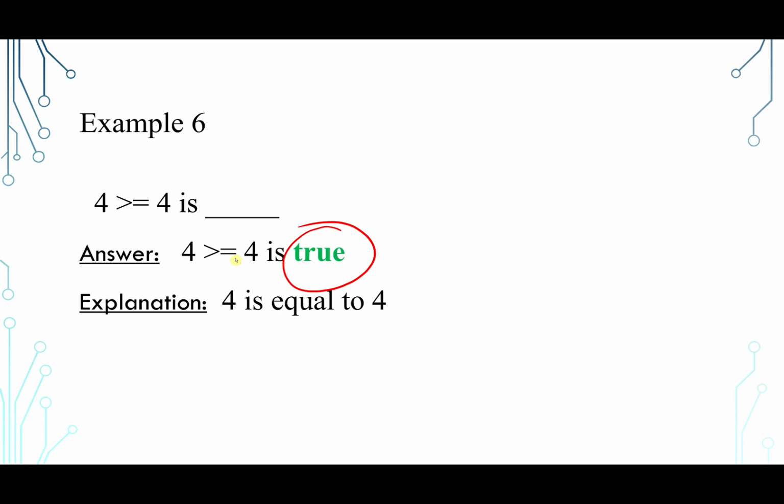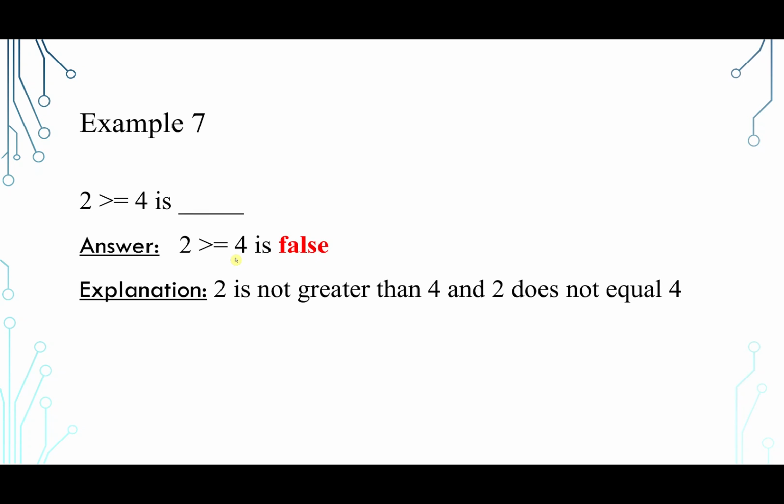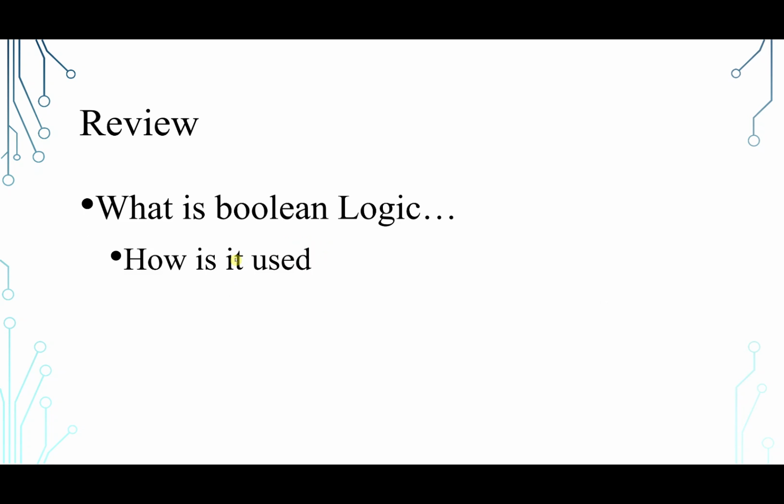Your answers must be true or false. Even if you would answer yes as a human being, in the coding I should see it as true. Okay, is 2 greater than or equal to 4? No, which basically you should say false, not no.